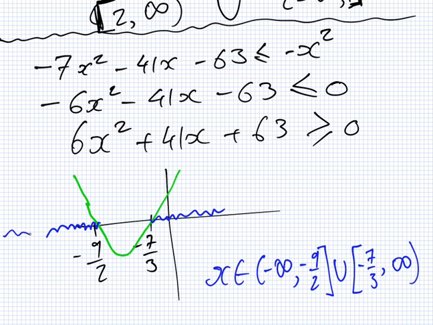All the numbers up to minus 9 over 2, and then all the numbers after minus 7 over 3. So these aren't too difficult to do. Okay. One more example and then I'll let you try some.